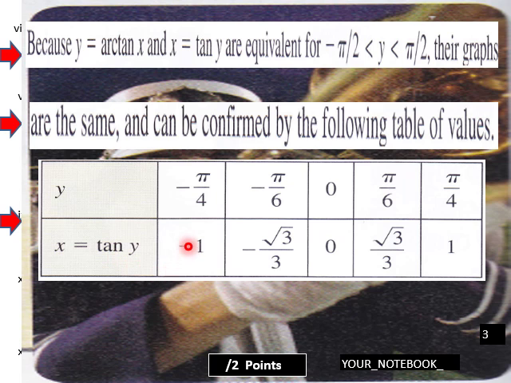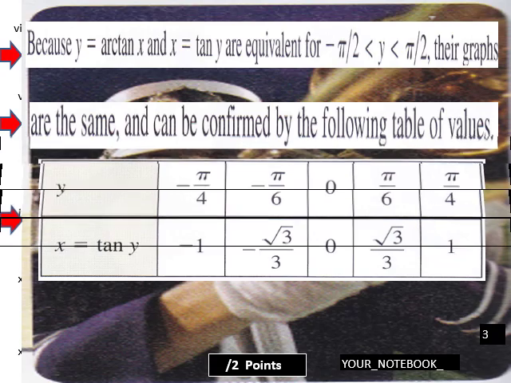So here again we have our table of values that confirms that arc tan x and x equals tan y are equivalent. Negative pi over 4 would be negative 1, and so on. Pi over 6 would be square root of 3 over 3, and then pi over 4 would equal 1.